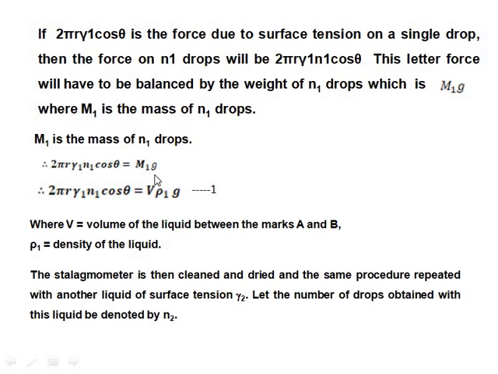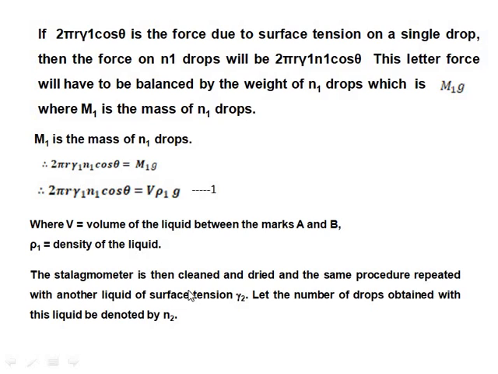You know that density is equal to mass upon volume, so mass is equal to volume into density. Here V is the volume of the liquid flowing from mark A to mark B, and rho 1 is the density of the liquid.